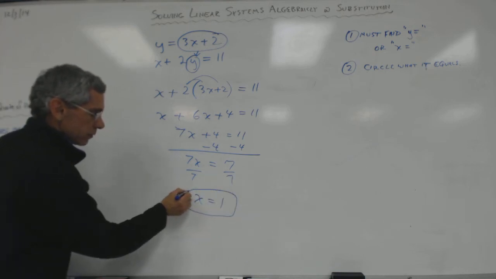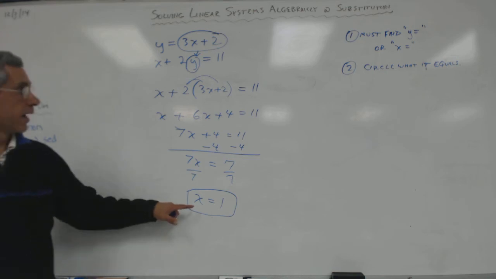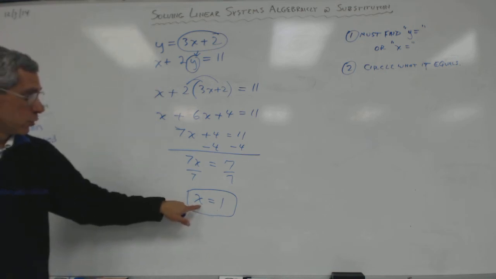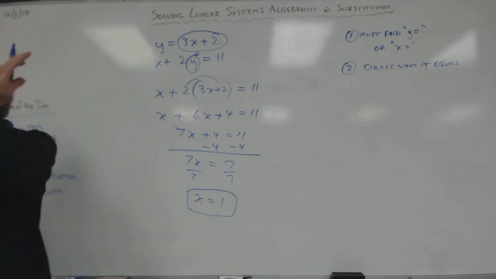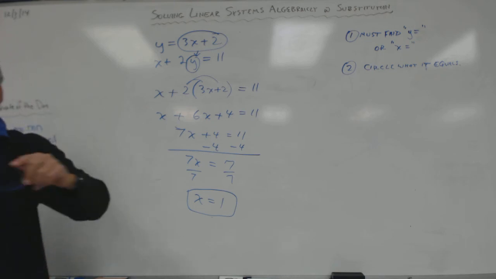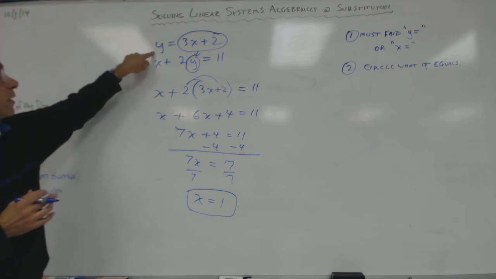Look at that. You guys see what I did? Now for y, I can take either equation and substitute 1 in for x. Remember, the y will be the same for both equations, right? I would choose this one because it already says y equals.